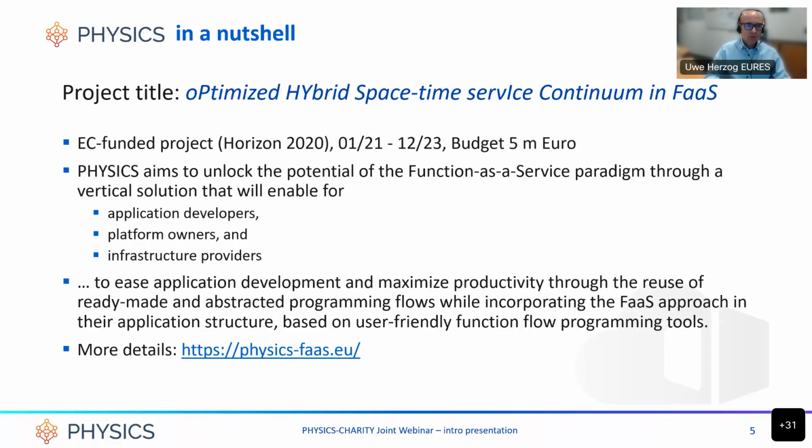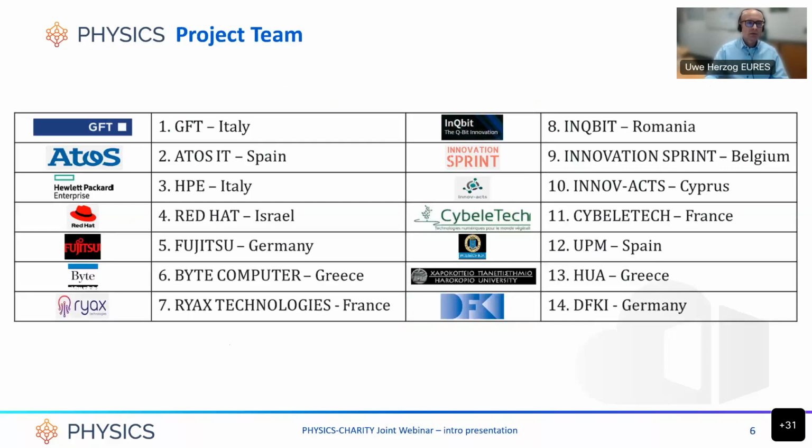The goal is to ease application development and maximize productivity through the reuse of ready-made abstracted programming flows while incorporating the function as a service approach in the application. Again, here you have the URL for more information about the Physics project. And as well for Physics, a brief look at the partners that participate in Physics.